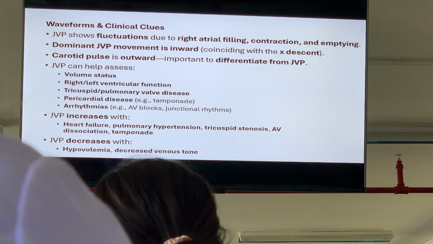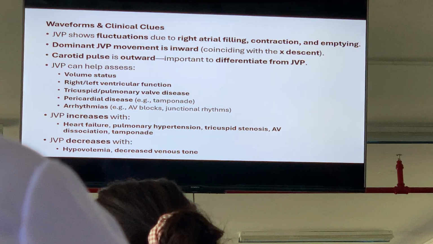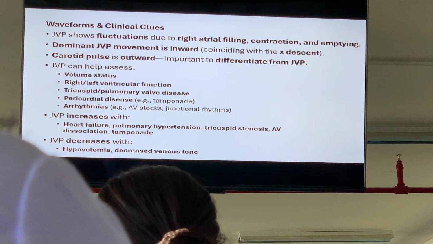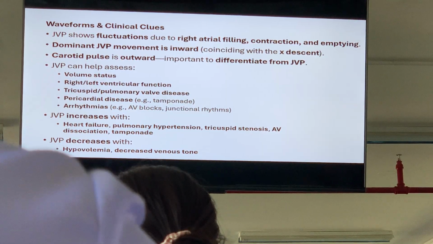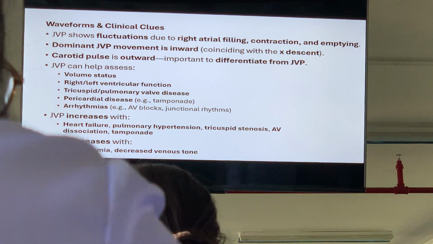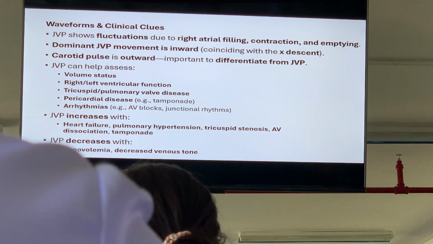So it has different waveforms, it has different pressures. The dominant JVP movement is inward, coinciding with the X descent. If you do your ECG or your waveform at the sonography, you would know that, but that's beyond the point for you guys right now. The carotid pulse is outward, so it's important to differentiate it from your JVP.